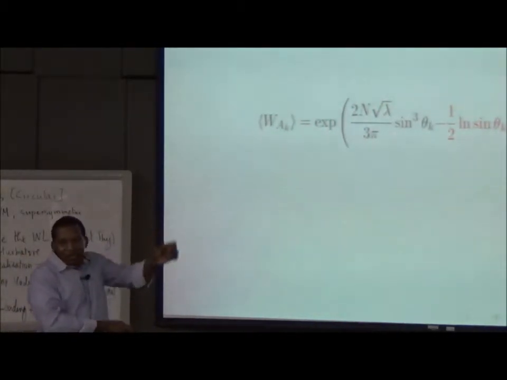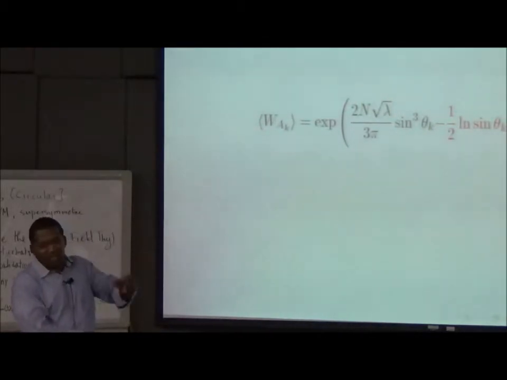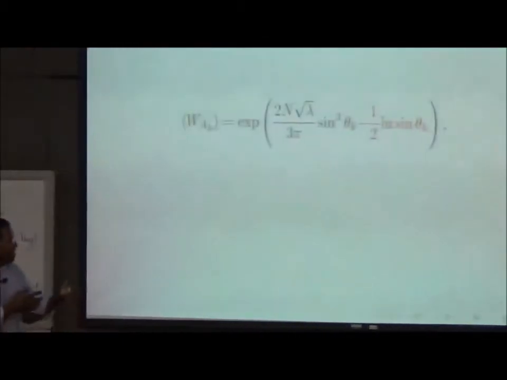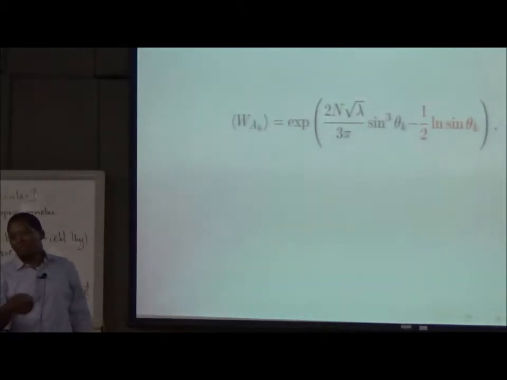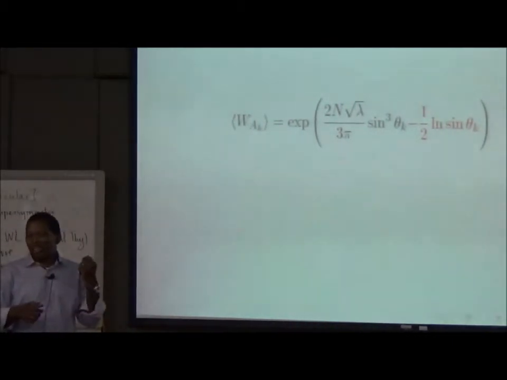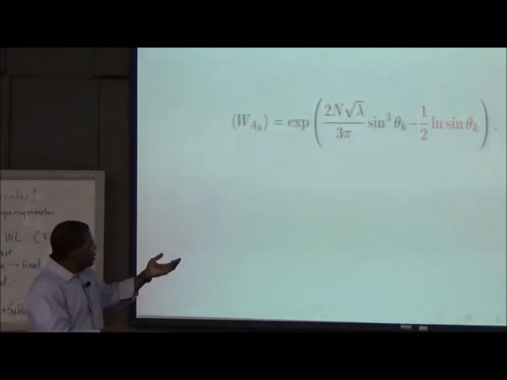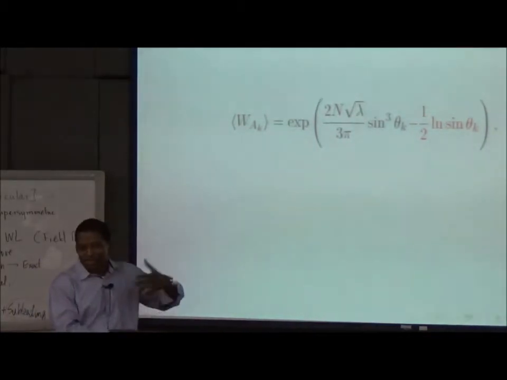In the antisymmetric, I also need a number of boxes. I like this kind of problem because I have an extra knob. So now I can try to compare with the gravity whether they agree even as a function of k, not just as a number.